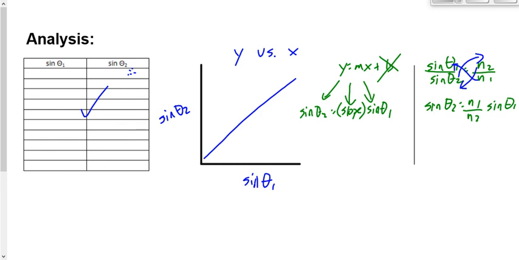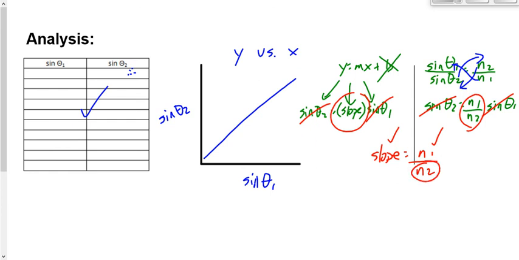And then we cross off things that appear in both. The slope of this graph ends up being equal to n1 over n2. We have the slope given to us by Google Sheets. n1 is 1.00 because that's the index of refraction of air, and we're solving for n2, the index of refraction of the glass.